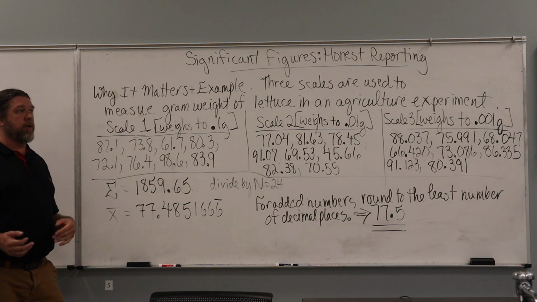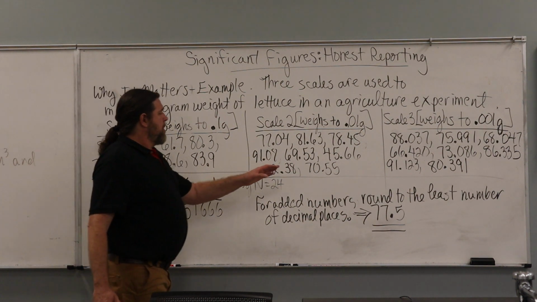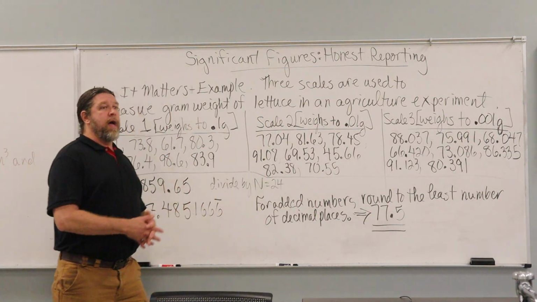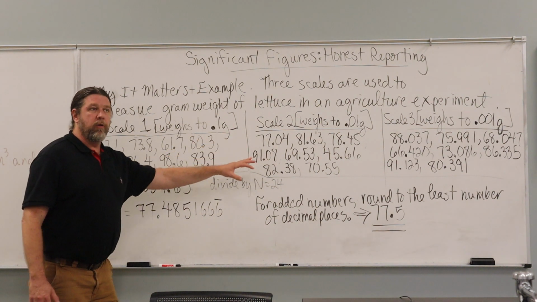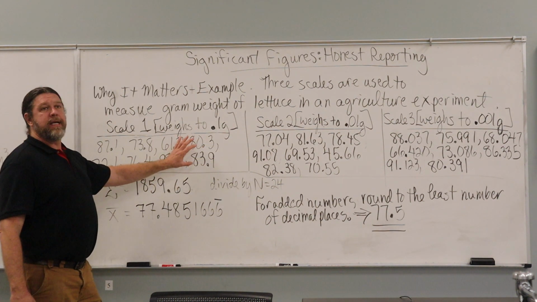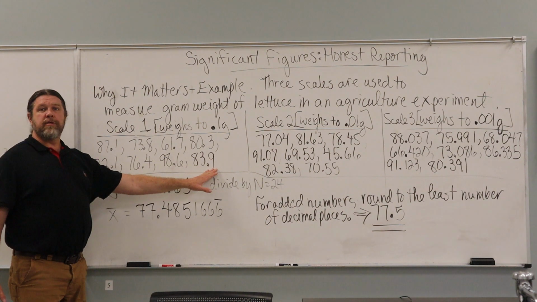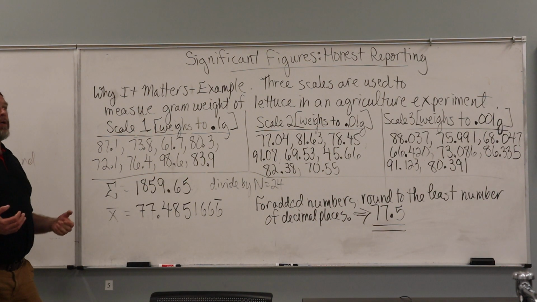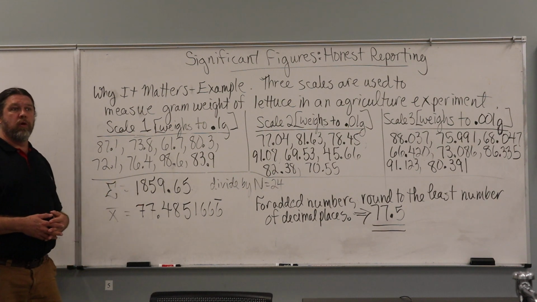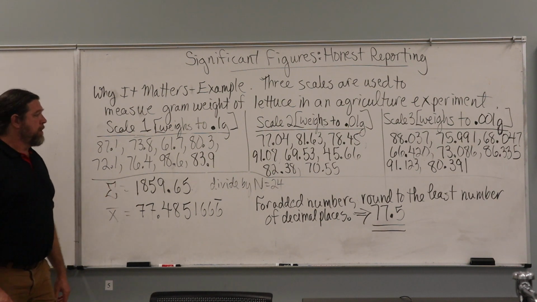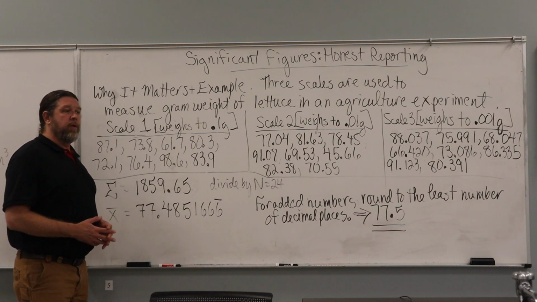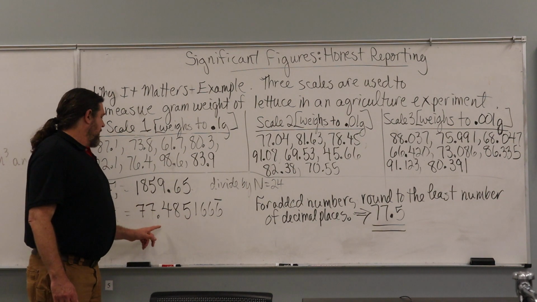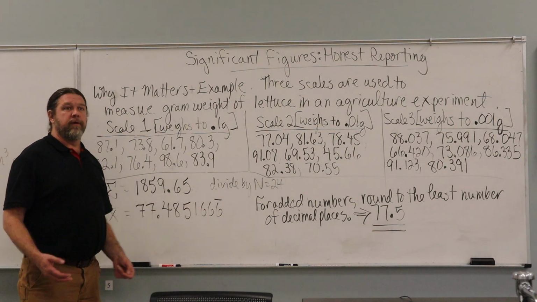So we measure to our main level of error, and our error in these numbers is to 1/10. And so you may say, well, Mr. Munger, these are to 100th and these were to the 1,000th. Well, unfortunately, they are only part of a larger set, and some of that data has a significant error, where we were only able to measure, assuming that all these scales are good scales, to 1/10 of a gram. So science tries to be a little bit humble, because it would certainly make no sense to report this number. We certainly don't have a scale that goes to the millionths of a gram.